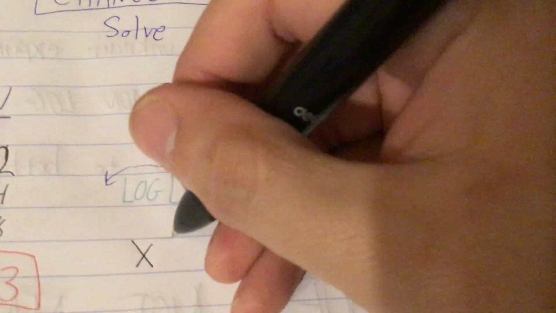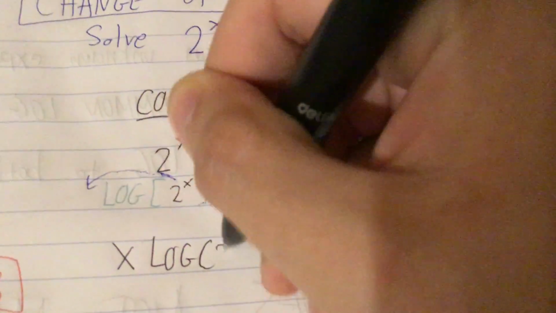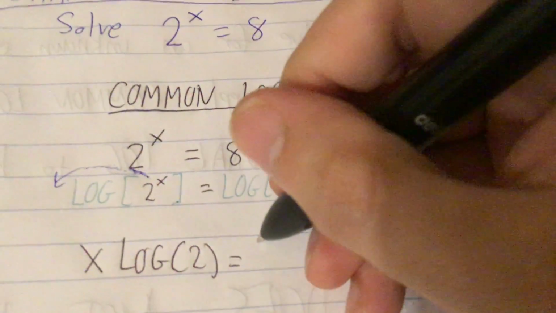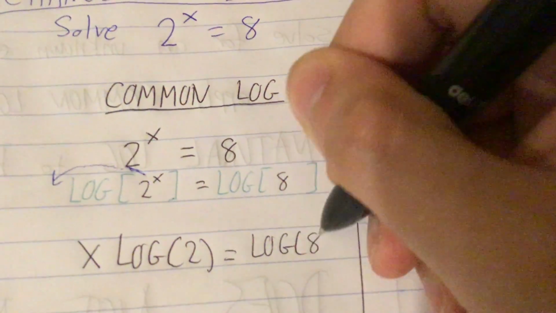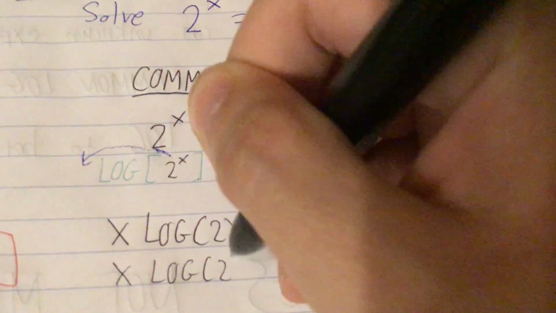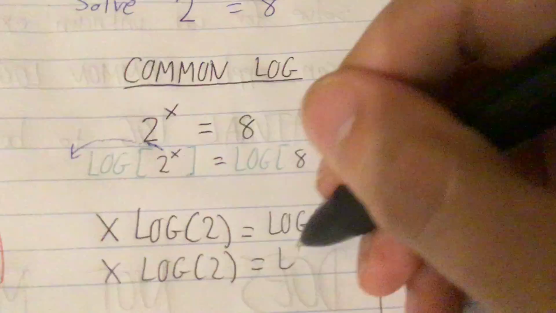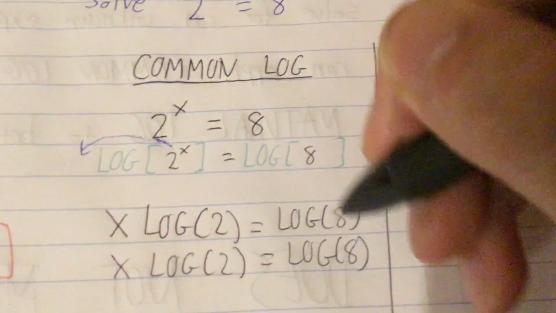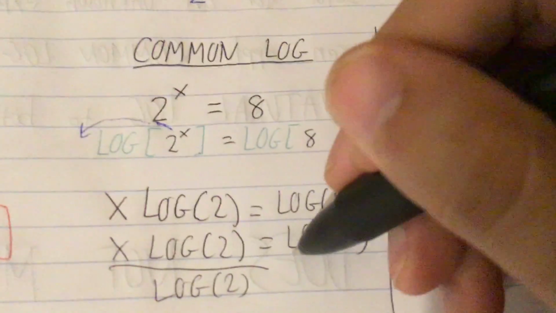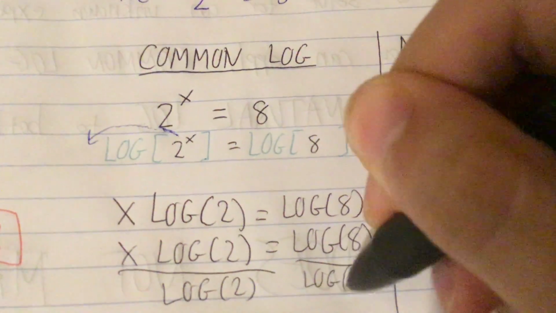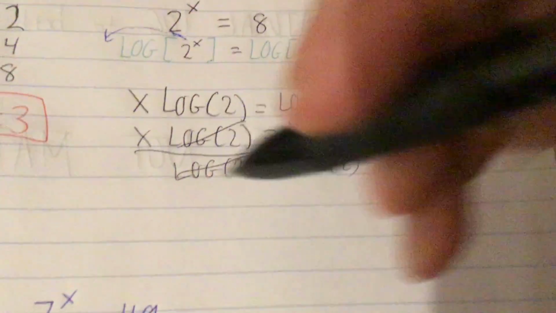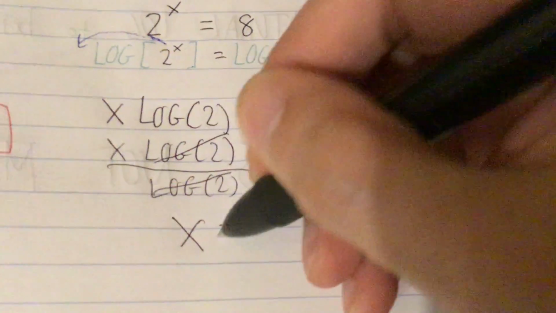Specifically, now I've got x log of 2 is equal to log of 8. Now it becomes a multiplication problem, which I can undo with division. I'm going to divide both sides of the equation by log of 2, getting me x isolated.